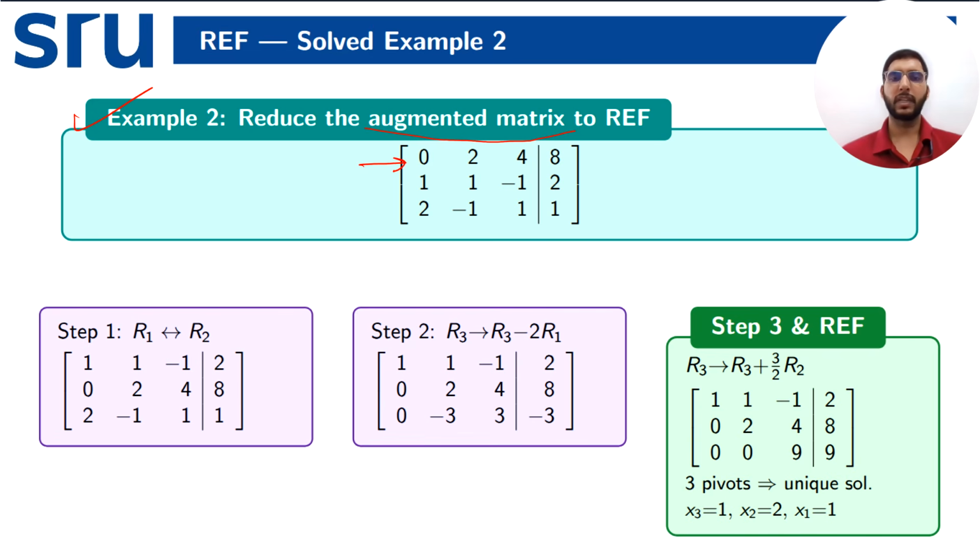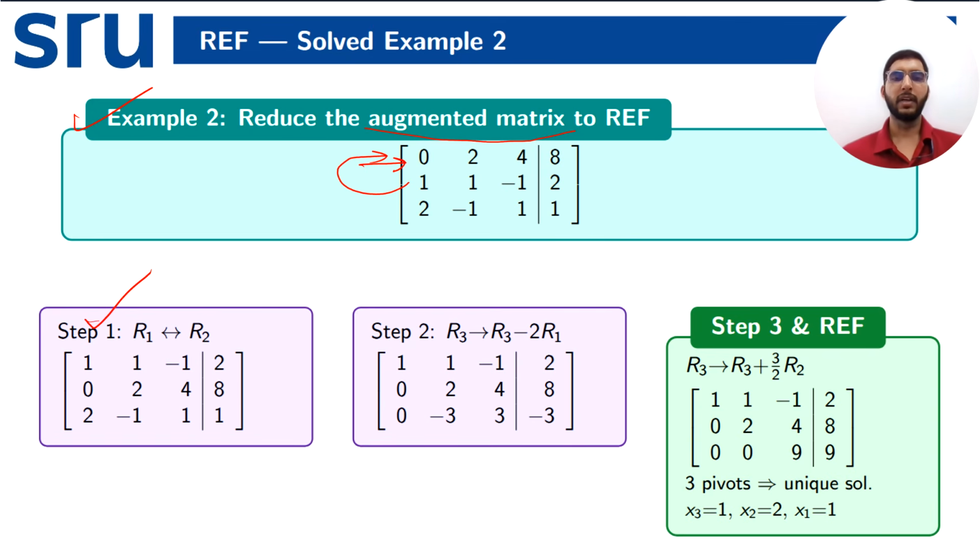So for our convenience, we interchange row 1 and row 2, so that in step 1, as you can see on the screen, the first row is 1 1 minus 1 along with 2 as part of the augmented matrix, and the other two rows are there.